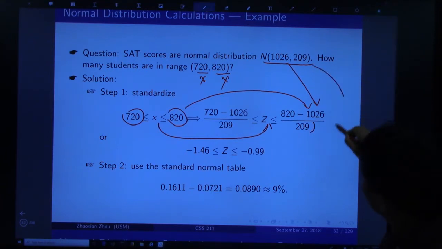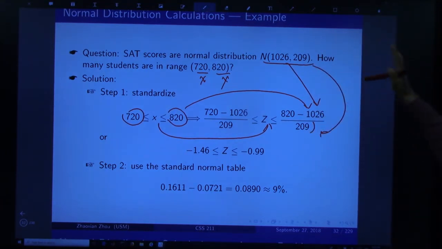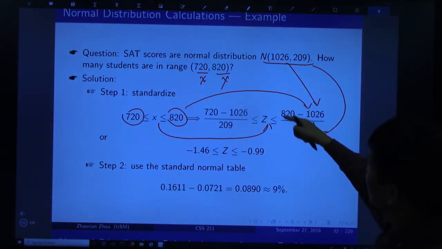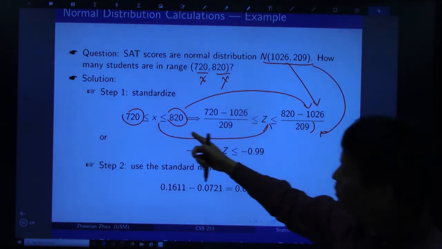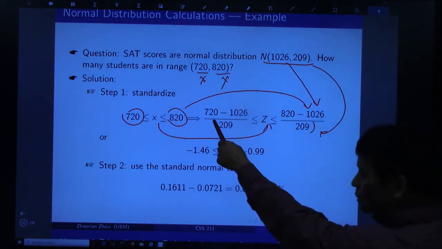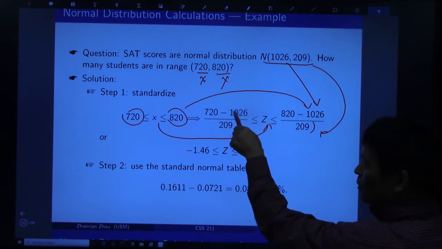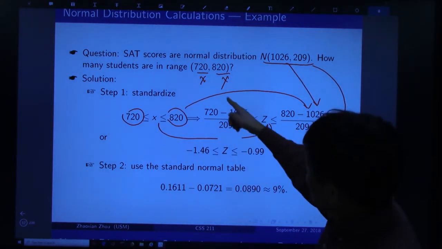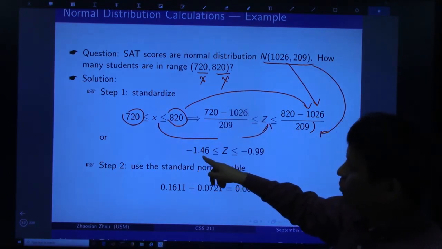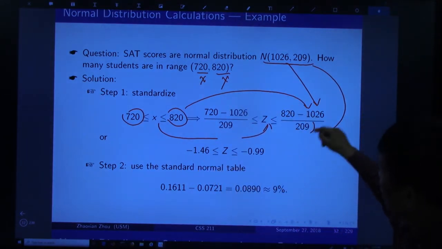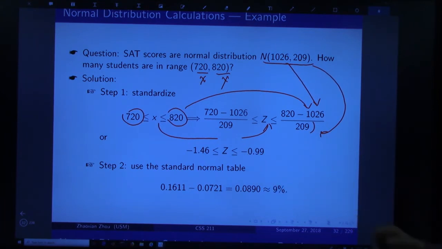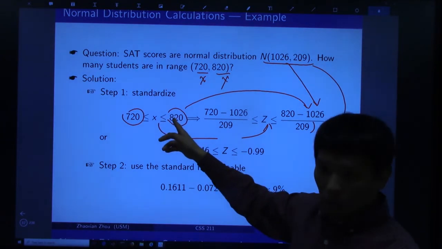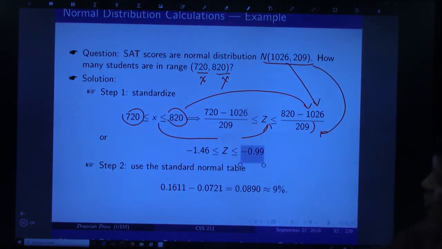All these numbers are given. Similarly, for 720, the z-score is 720 minus mu, divided by the standard deviation. The value for 720 is negative 1.46, and the value for 820 is negative 0.99.